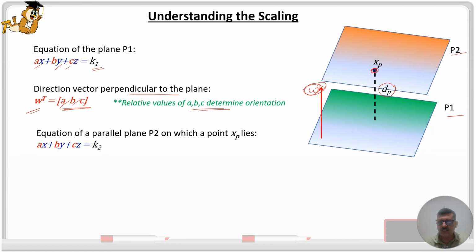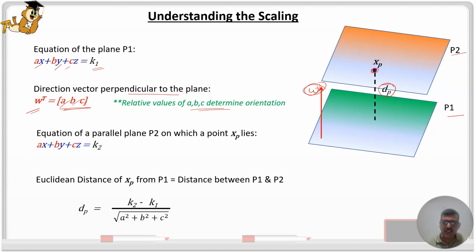And dp, let us say, is the Euclidean distance of the point xp from the plane P1, which would of course be the perpendicular distance between P1 and P2 as well. Let us say the equation of P2 was ax plus by plus cz equal to k2. P1 and P2 would only differ in this constant, right? So in P1 it is k1 and for P2 it is k2.